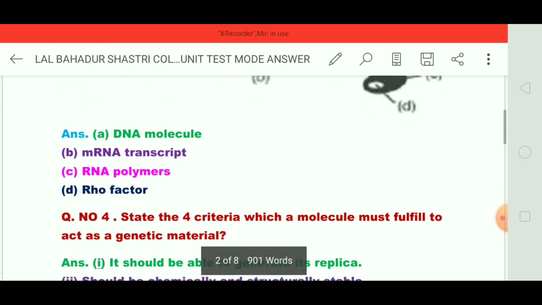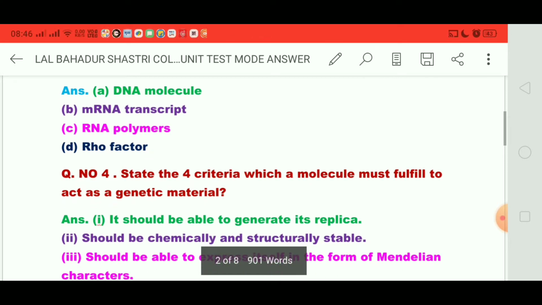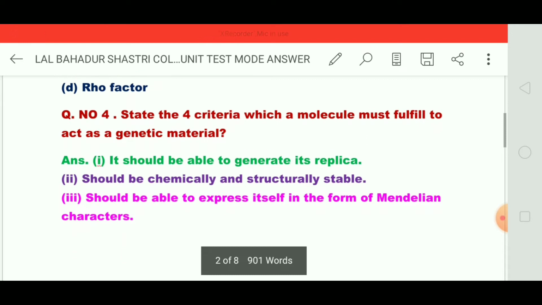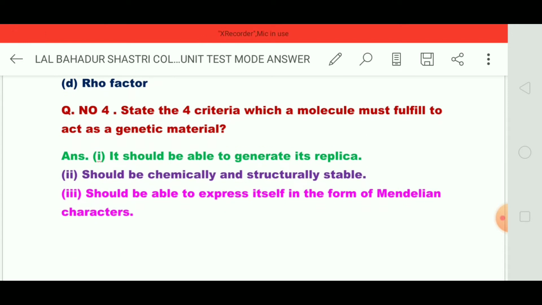Now the next question, question number 4. State the 4 criteria which a molecule must fulfill to act as genetic material. Answer: you must write the 4 criteria in the answer.